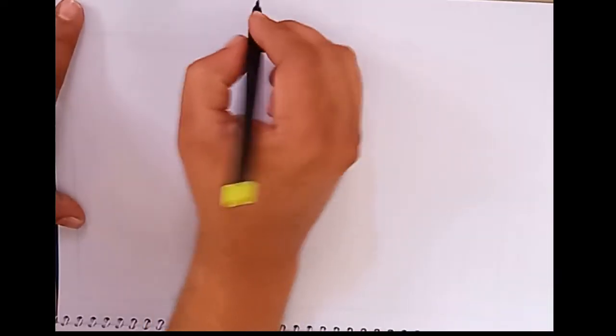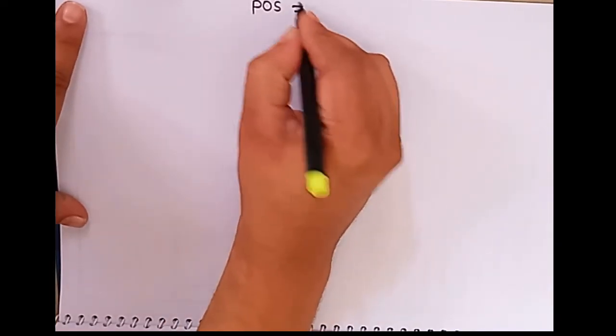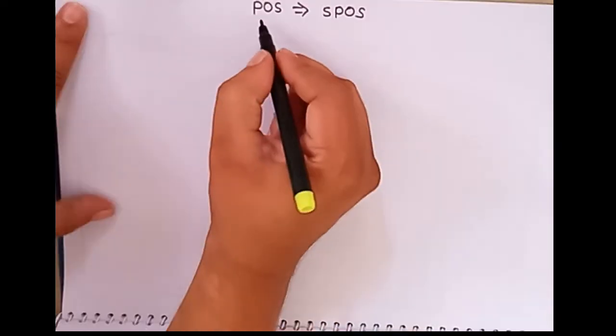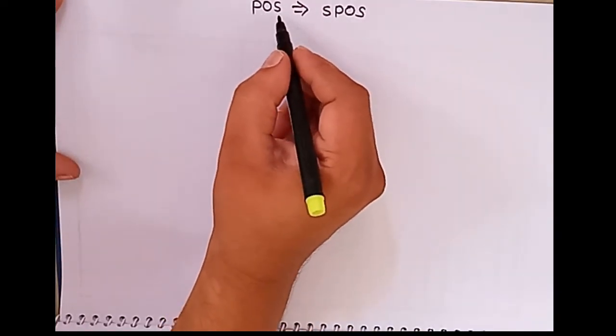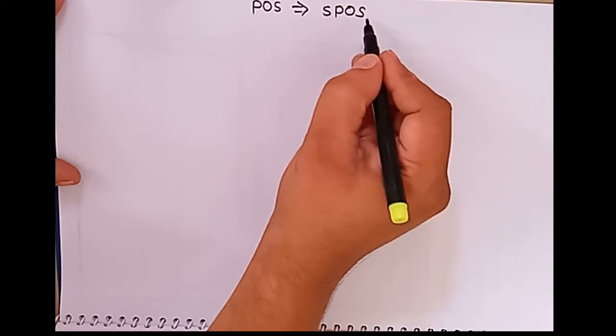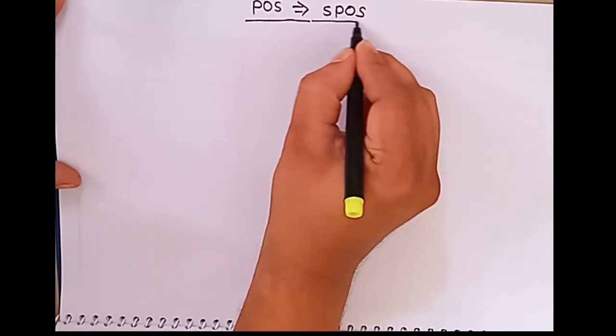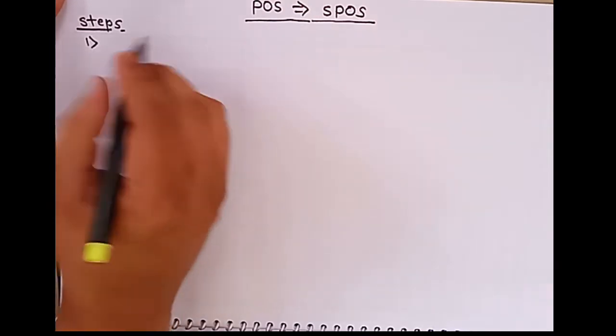Okay, now next conversion is POS to SPOS. Means what? Non-standard POS equation to the standard POS equation. Okay, so for conversion of the POS equation into the standard form of POS equation, we again have to follow some steps. So the steps are what? So first step is what?